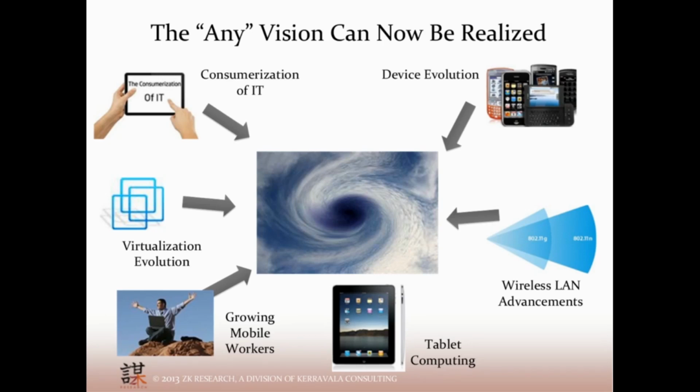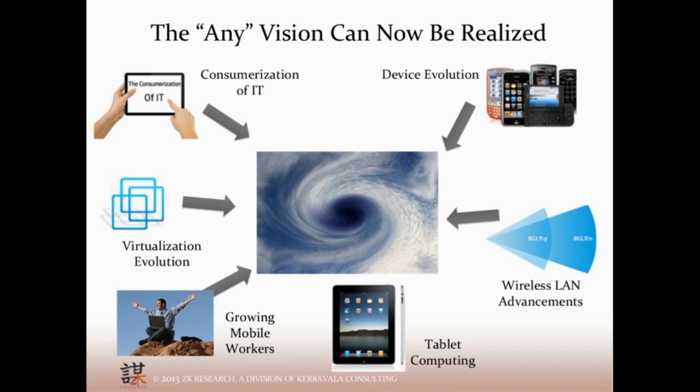Similarly, consumerization of IT, or BYOD, is being fueled by the fact that, as Tamir talked about, the devices that we use today have evolved more in the last few years than maybe at any time in history. It's incredible what you can do on a mobile device. These things are in effect computers that you hold in the palm of your hand. So now you're able to do so much more than you could before.